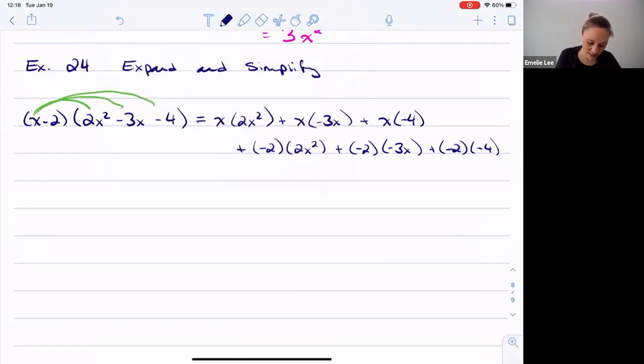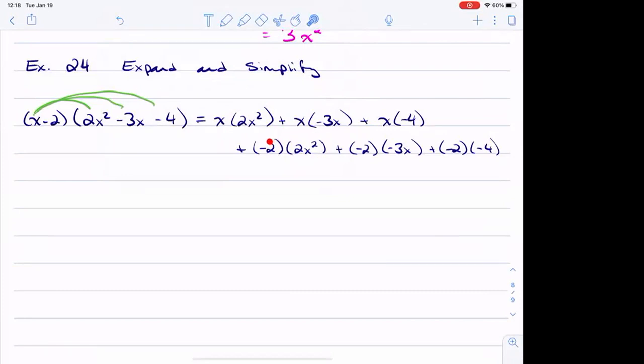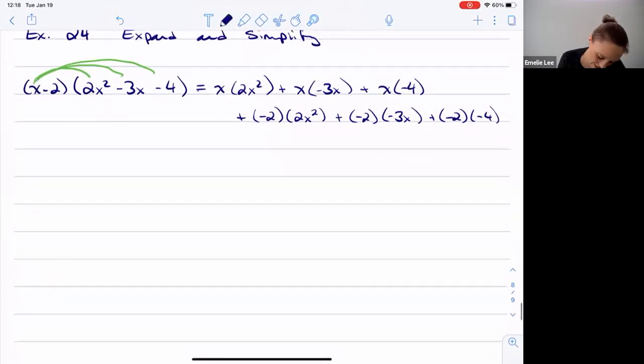All right, so now I'm going to expand this out in an effort to simplify, right? So eventually I'm going to end up looking for like terms. So what I get is 2x to the power of 3 by that exponent law that we just discussed, right?